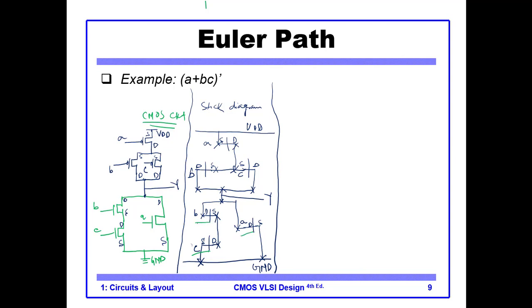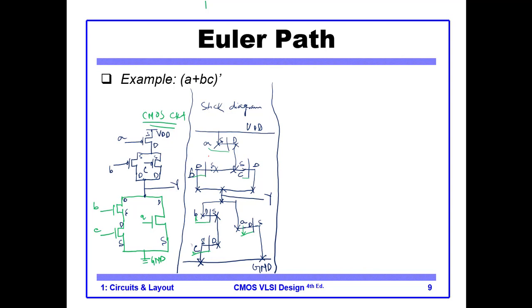Okay, so basically this is B, this is C, and this is A. All the poly lines are connected to the input. Okay, so these are interconnections for the input. Whenever there is a poly line, that means input.